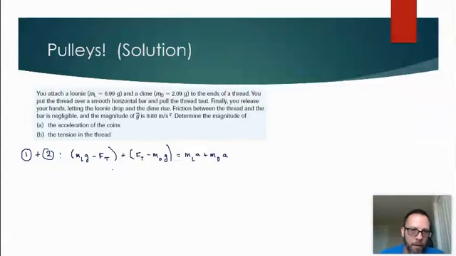And when we simplify things, those cancel out, right? And we're left with MLG minus MDG equals MLA plus MDA. And the tension force is gone. The only thing in this equation that we don't know is A. We can solve for it.